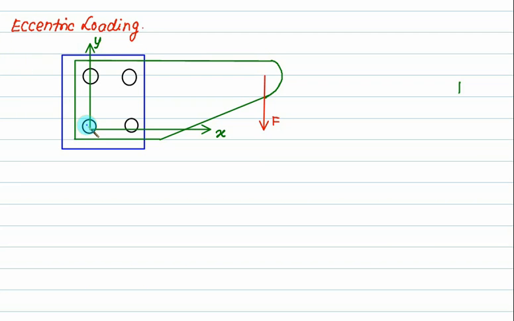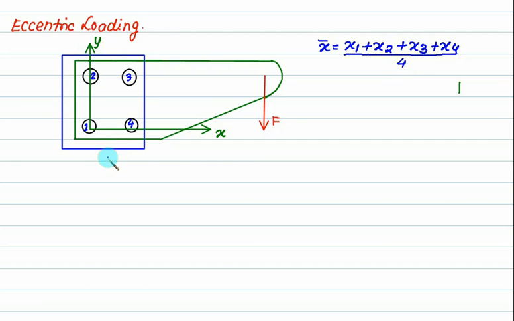Let's label this one rivet number 1, rivet number 2. So to find the centroid of the system, x bar equals x1 plus x2 plus x3 plus x4 divided by the number of rivets, that is 4.